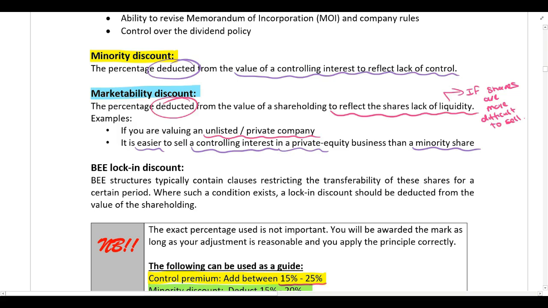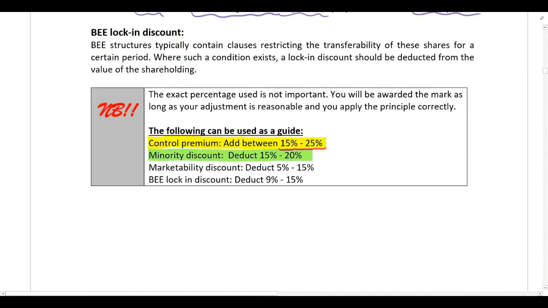So if we have a bakery, it's much easier to find a buyer for the entire bakery than it is to find someone who's prepared to buy 10% of the shares in that bakery. So these things will affect the liquidity of the shares in the company. And if it's more difficult to sell the shares in a company, we should deduct a marketability discount. Once again, I have included the ranges just below.